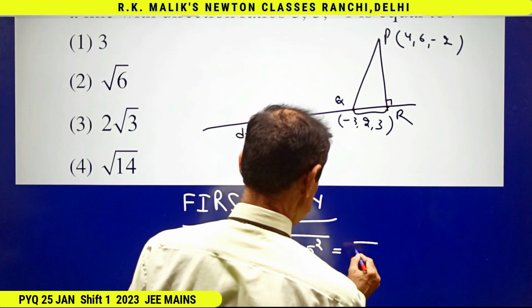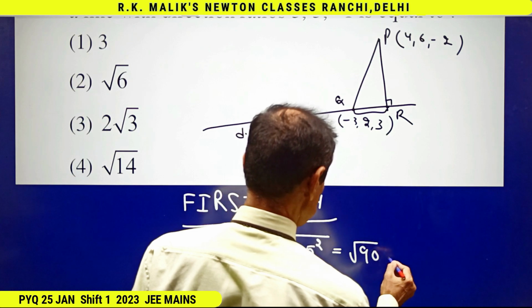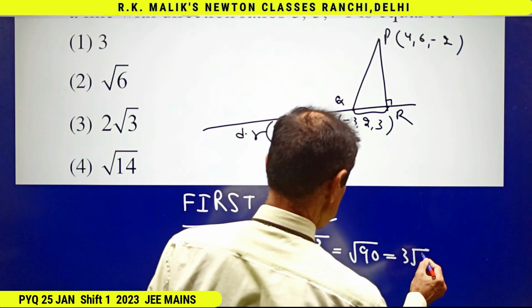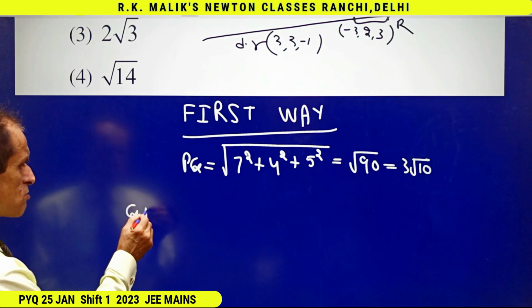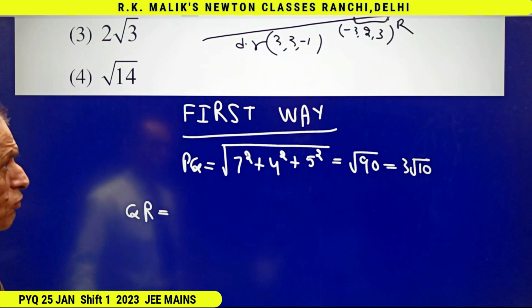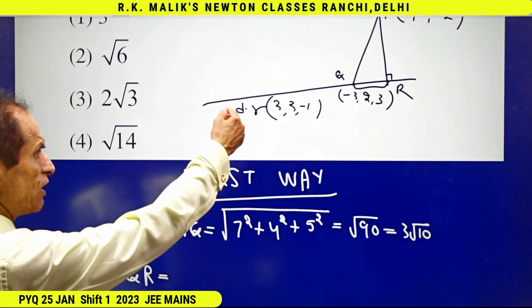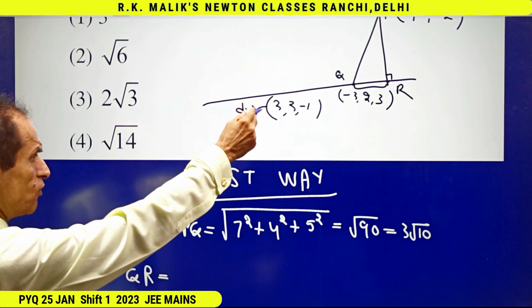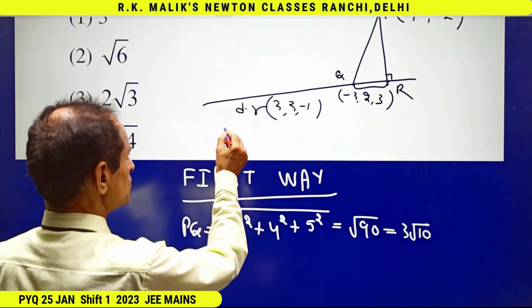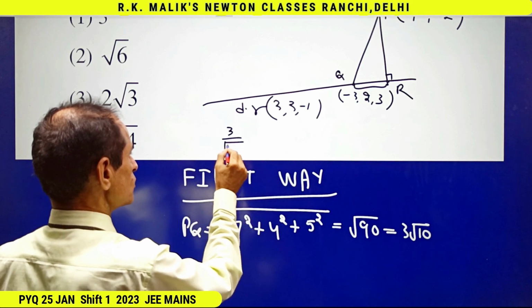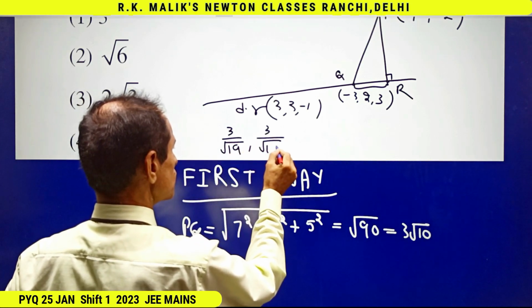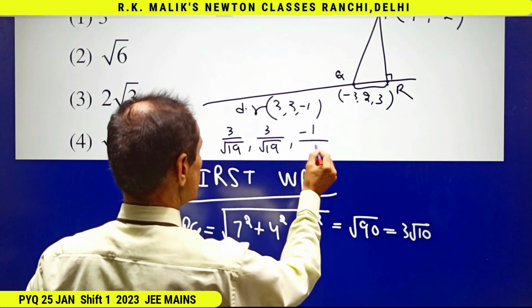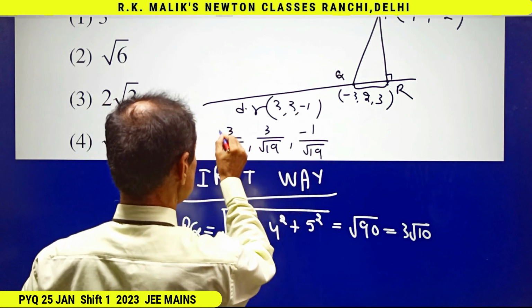This is equal to under root 90, that is 3 under root 10. And the length QR is equal to, for this first we will have to find the direction cosines of this line. That will be 3 by under root 19, 3 by under root 19 and minus 1 by under root 19.